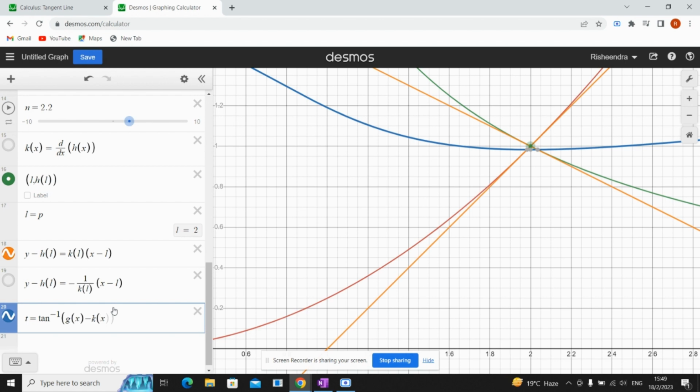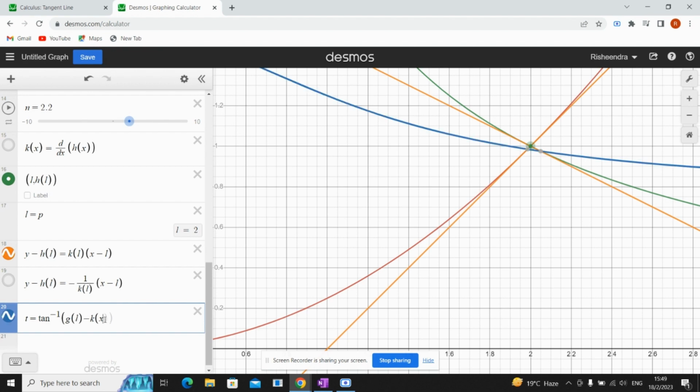We just have to evaluate it at point P or L. I'm taking L as the point. L and P are equal, so it doesn't matter which we take. See, L equals P. We made a condition for this.